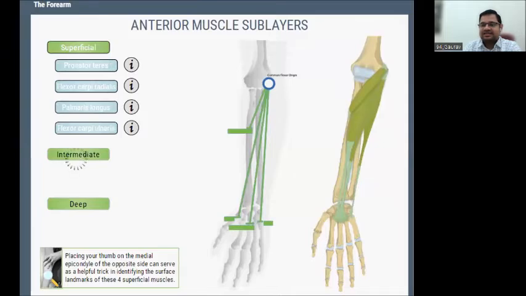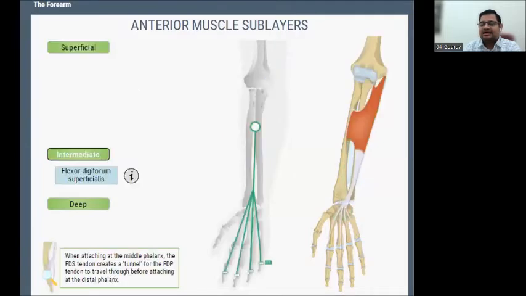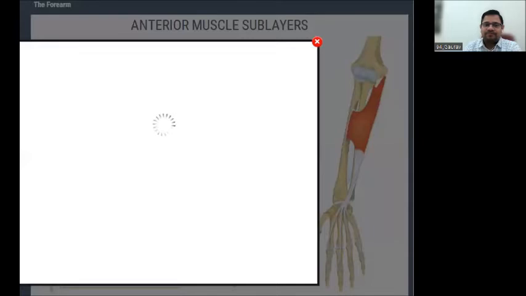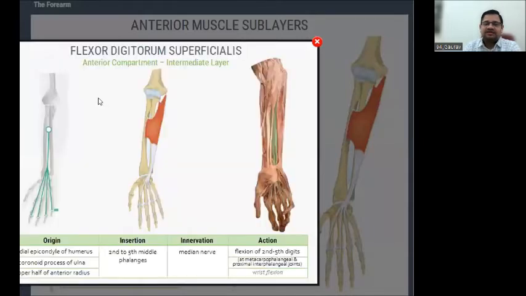Then comes the intermediate compartment. The intermediate compartment has only one muscle, as you can see, but it's a bigger one, and the tendons are going to each of the fingers. So flexor digitorum superficialis has, first of all, origin from the medial epicondyle of humerus, coronoid process of ulna, and upper half of anterior radius.